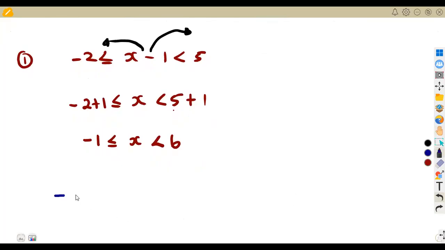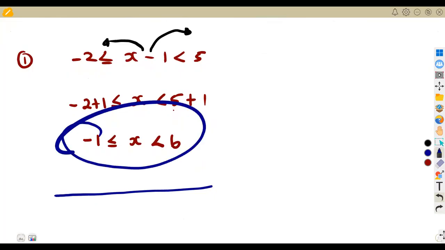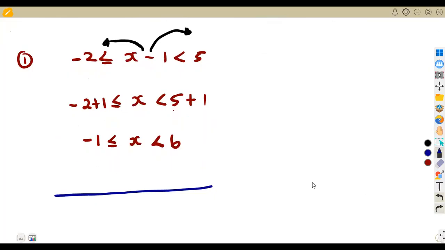On your number line, the numbers should be taken within a boundary, a limit. Your numbers are limited within -1 and +6, so we are going to have -1 and +6 somewhere there. At -1, you shade because there is an equal to. Wherever you've got the equal to, you shade.